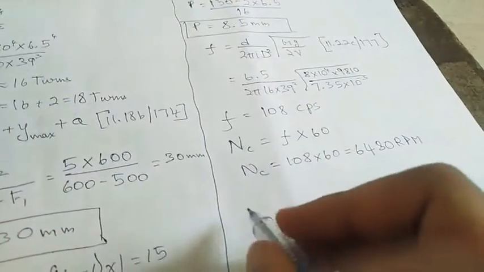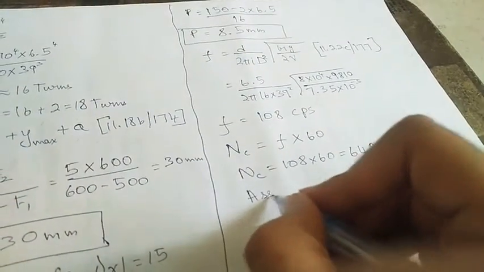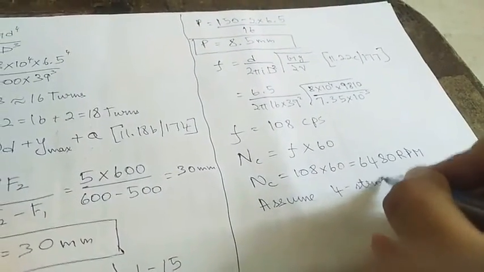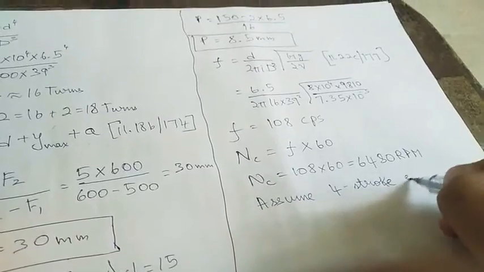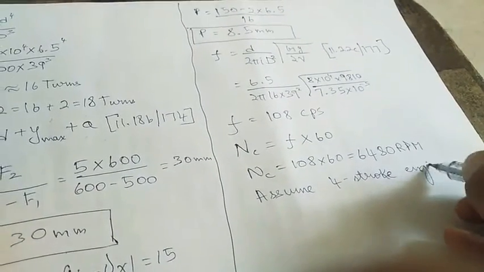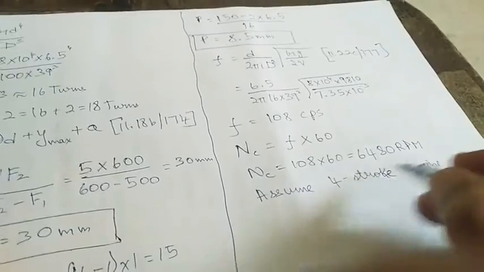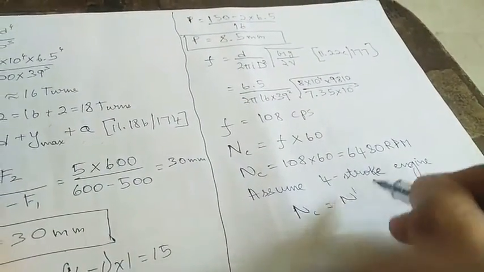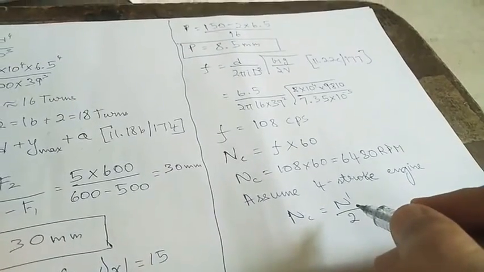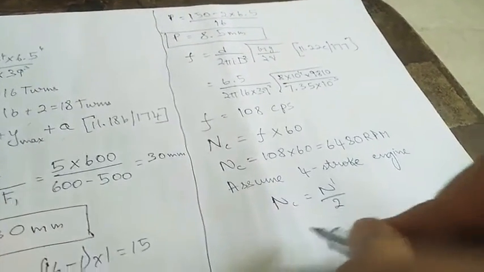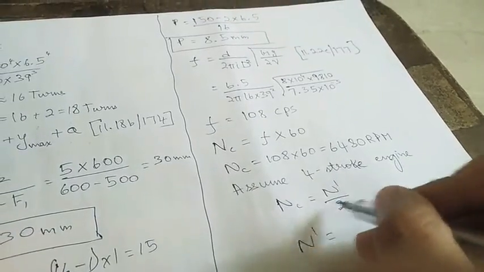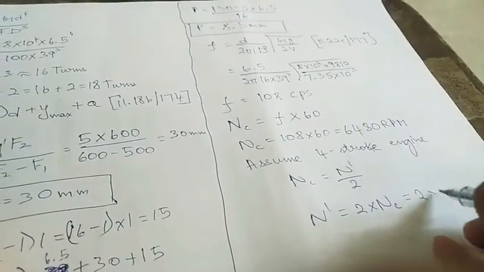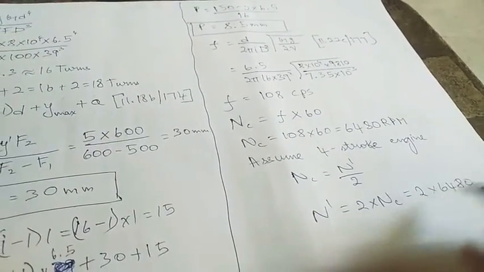So Nc, we shall assume the automobile has a 4-stroke engine. So Nc is equal to N dash by 2. So the value of N dash is equal to 2 into Nc, 2 into 6480.